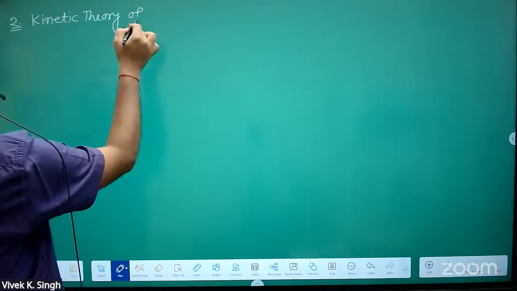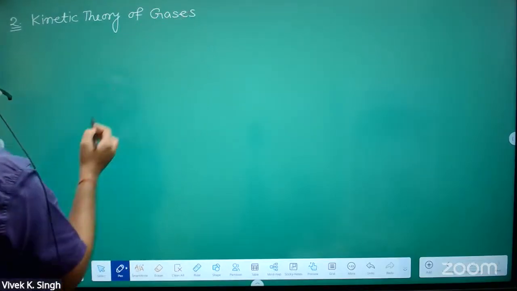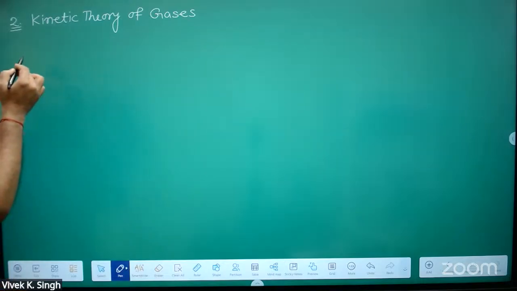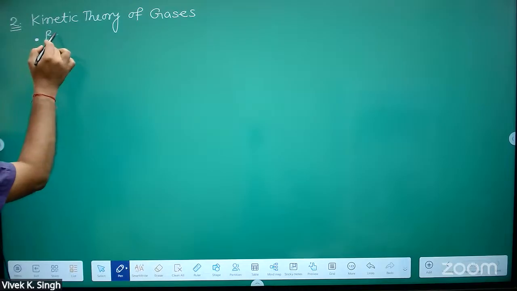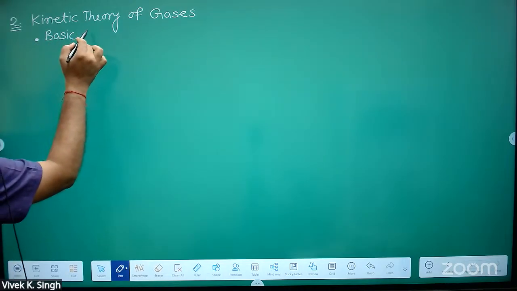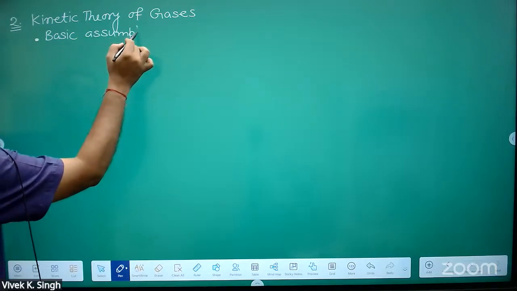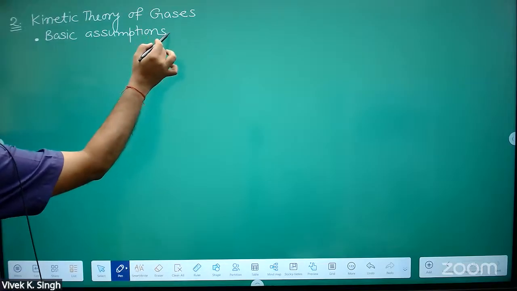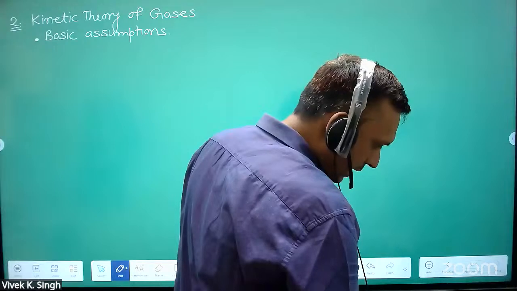We will see what the basic assumptions of kinetic theory of gases are. You must know the basic assumptions. On what assumptions is this kinetic theory based?